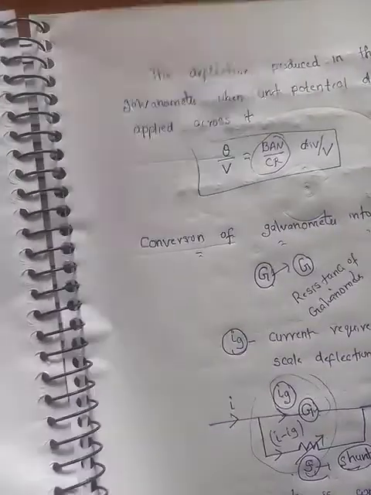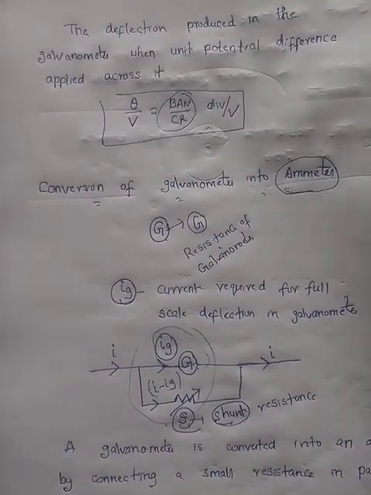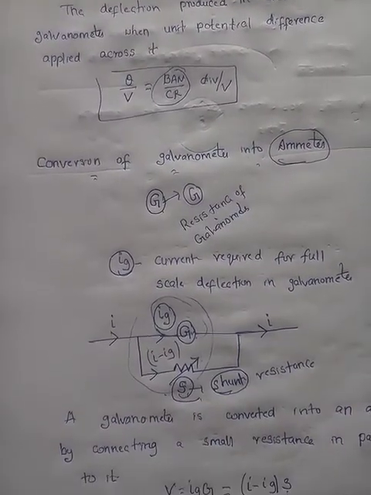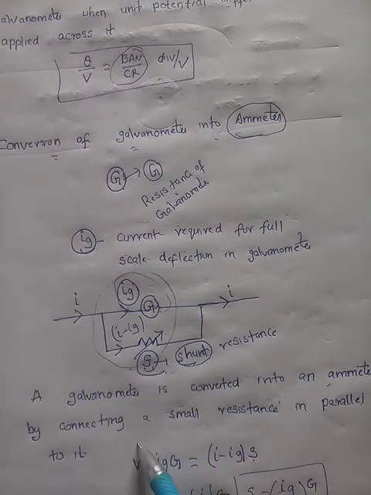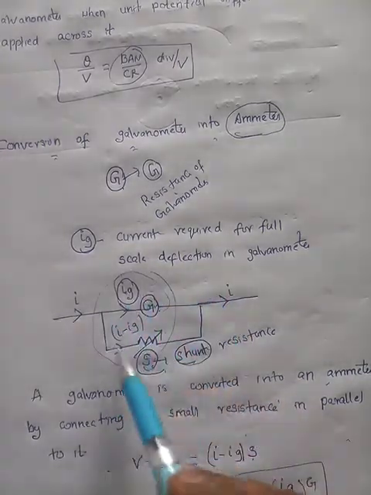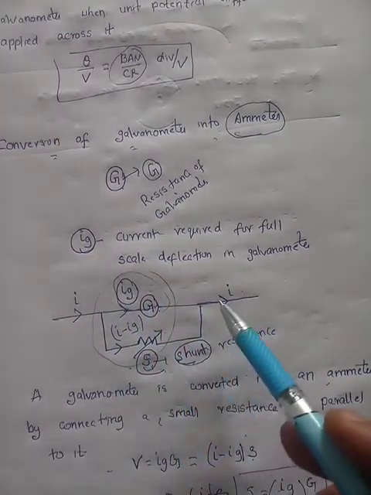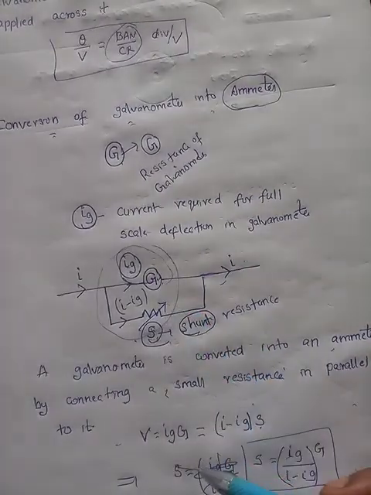The question will ask, how do you convert a galvanometer into an ammeter? We have to write the first line: a galvanometer is converted into an ammeter by connecting a small resistance in parallel to it. You should write this circuit. This is 1 mark and this is 1 mark, and you should write that in parallel combination potential is constant.